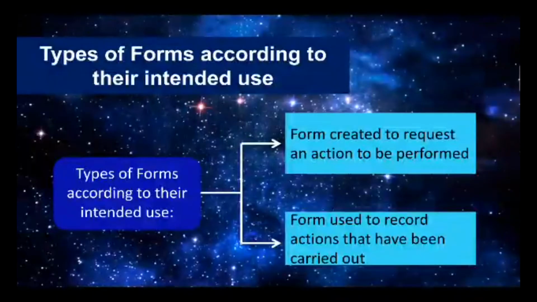Okay, next is type of form according to their intended use. What is the use of the form? Sometimes a form is created to request an action to be performed.